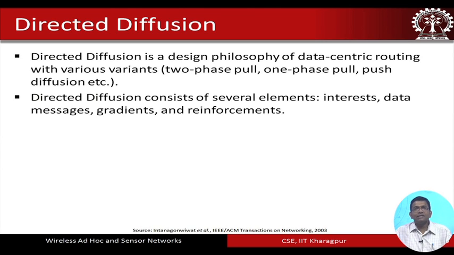So, data centricity again is harnessed over here in order to route the packets. Whether you are using this approach or the other, in general the DD approach consists of the following steps. First one is interest propagation, second is message forwarding, third is gradient formation and fourth is reinforcement. So, these are the 4 steps primarily that are adopted by the DD protocol.